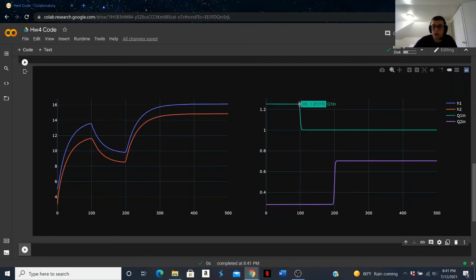The sigmoid function kind of bumps it back, so it starts changing at like 93 or 95 seconds here. It gradually becomes 80% of what it was, and this one becomes 250% of what it was, at time 200.